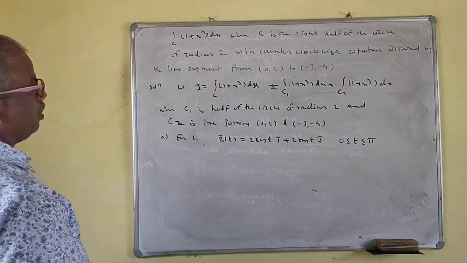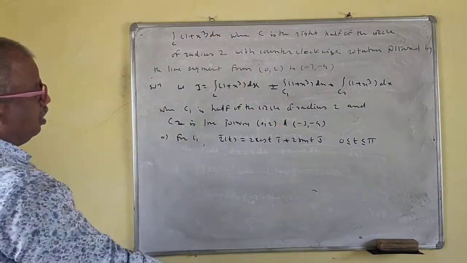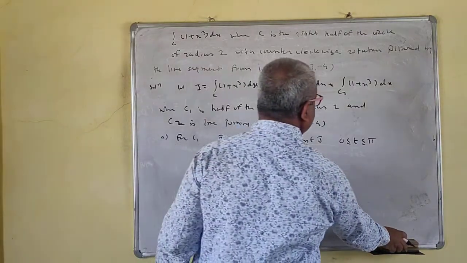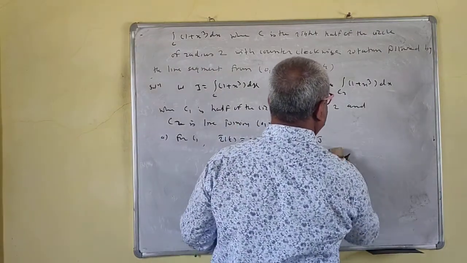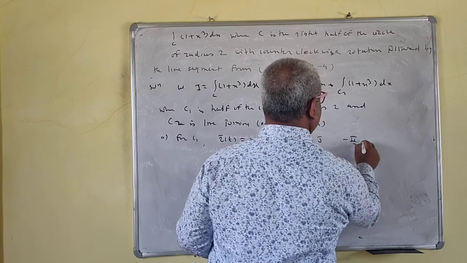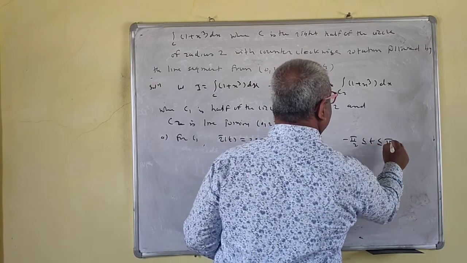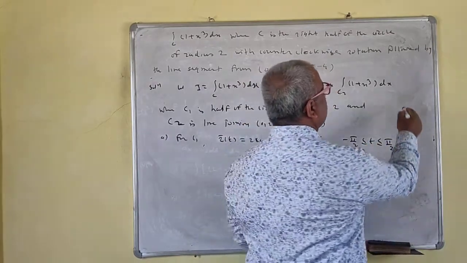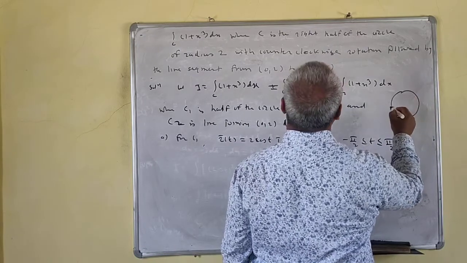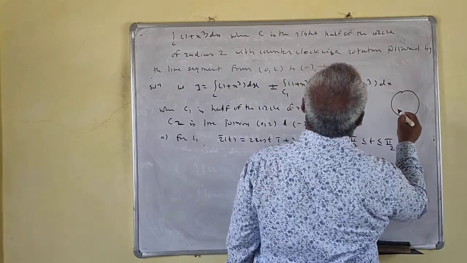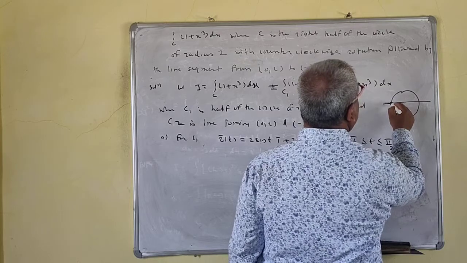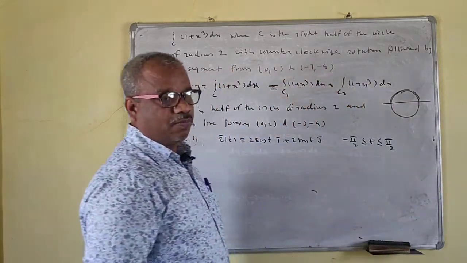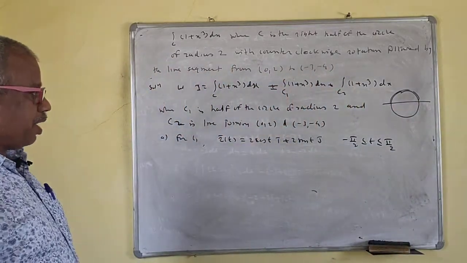Counterclockwise. That means what? Your t is what? Minus pi by 2 to pi by 2, counterclockwise. This is a circle of radius 2. So half of the circle of radius 2, that means from this to this, minus pi by 2 to pi by 2.